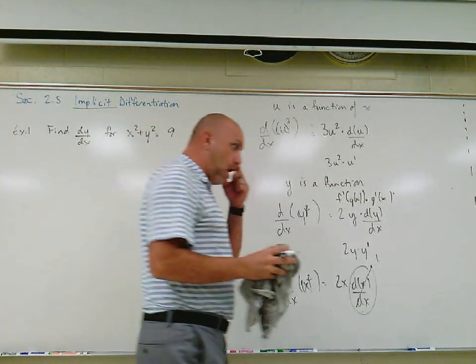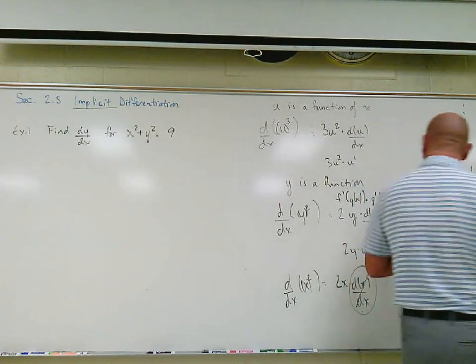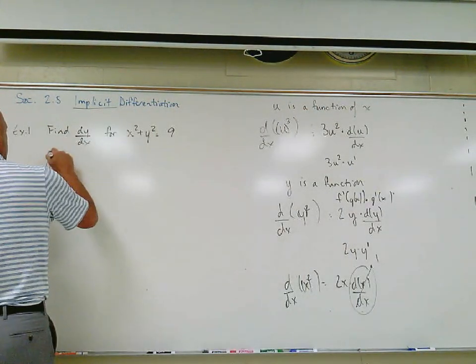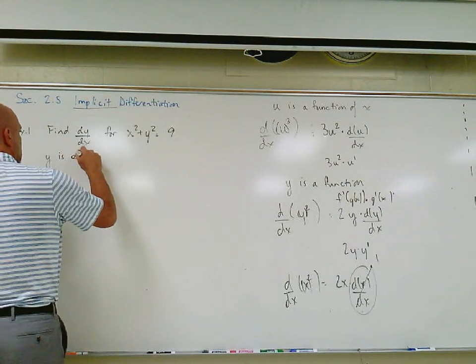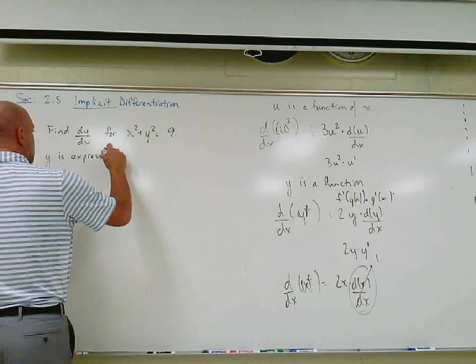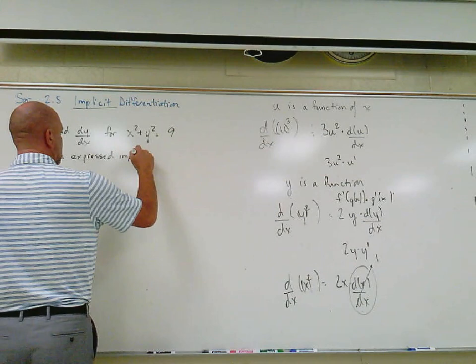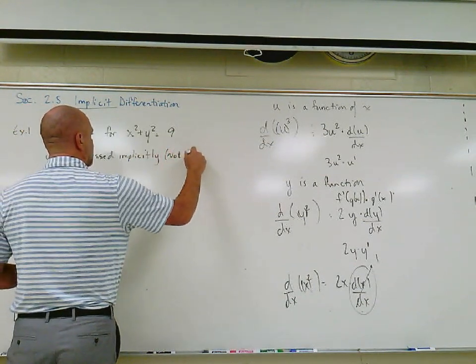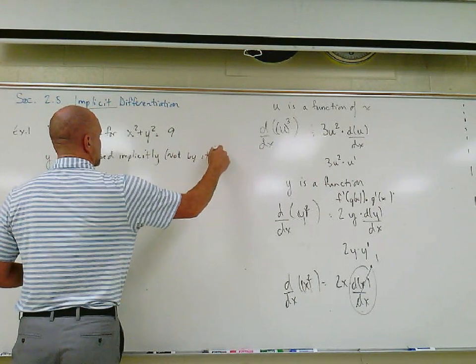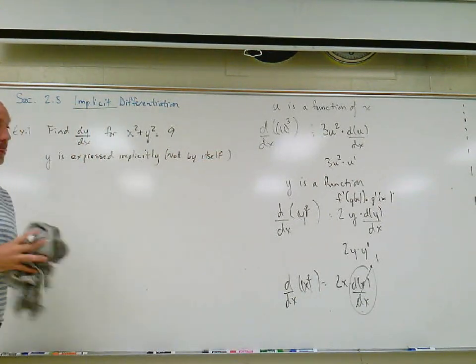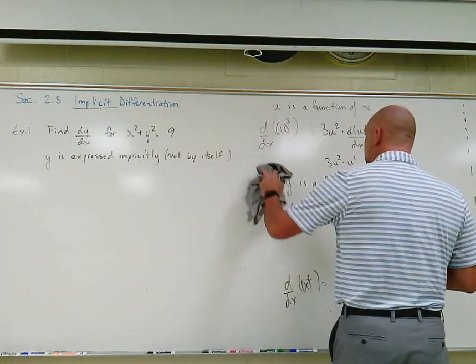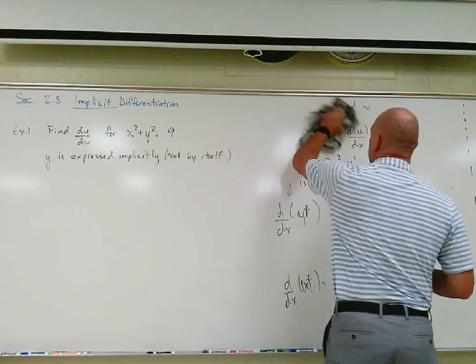So y, in this case, is not expressed explicitly. Y is expressed implicitly, which means y is not by itself. It's not just a single y. These are the type of problem that we're going to focus on today.